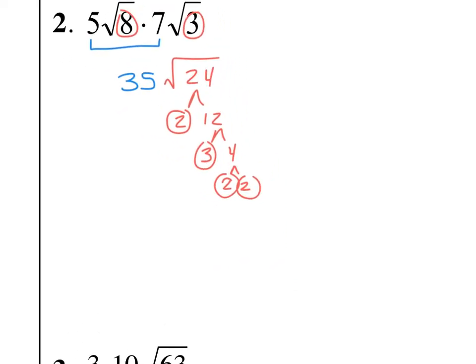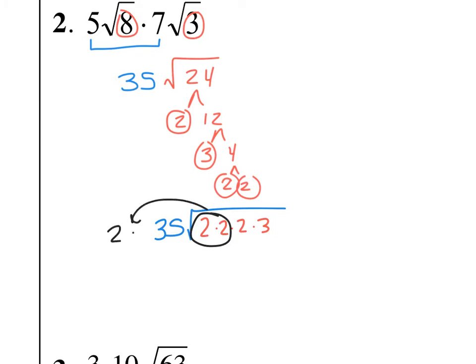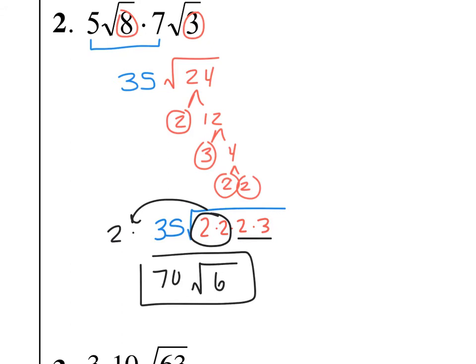So what I really want to do is find 35 square root, 3 2s and a 3. Double on the inside, single on the outside. So double 2, put it on the outside. And now I don't have any more doubles on the inside. So I simply just write it as radical 2 times 3, which is 6. And 35 times 2 is 70. That's my final answer.